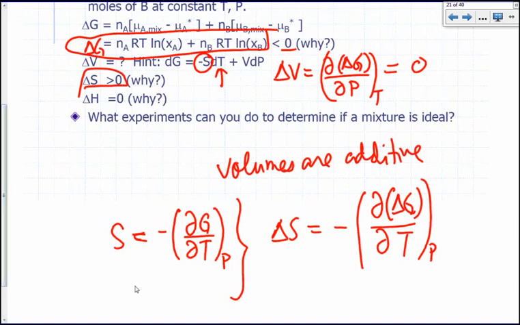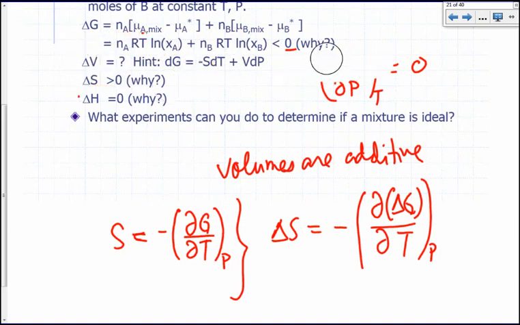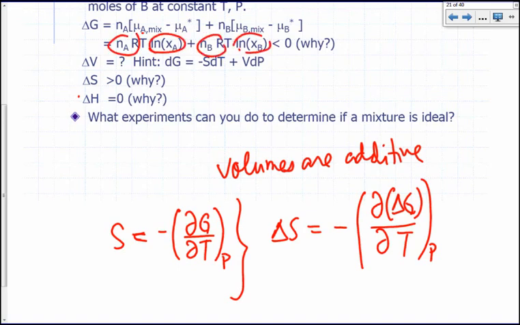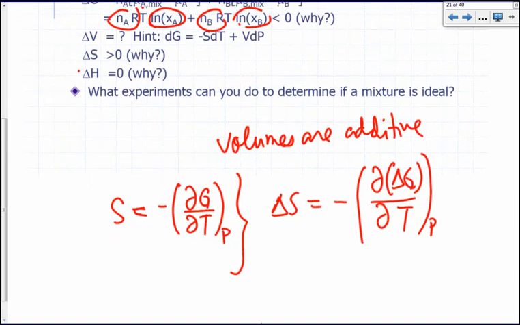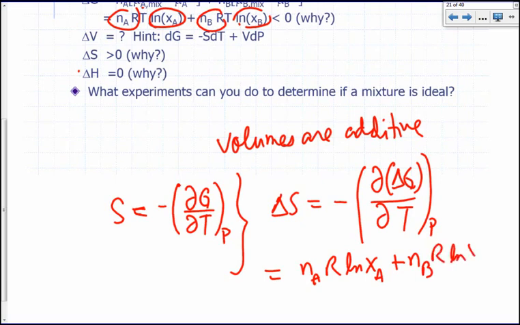Okay, so let's take the derivative with respect to temperature at constant pressure. This whole thing is just constant. This whole thing is just constant. So the derivative with respect to T would just be N sub A R ln x_A plus N sub B R ln x_B.